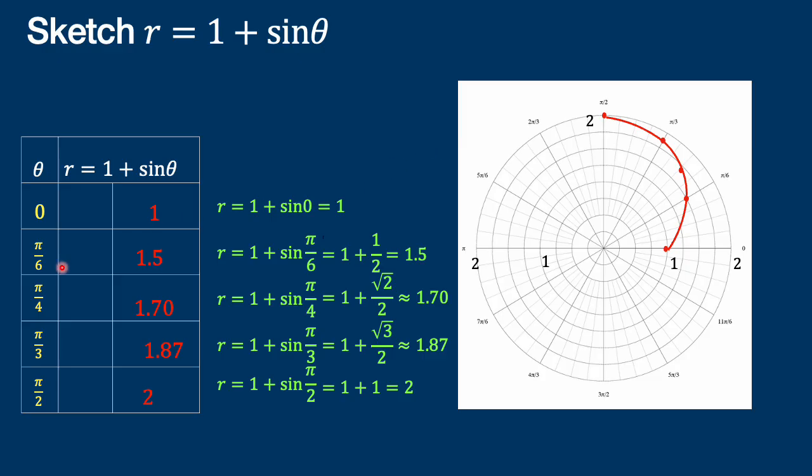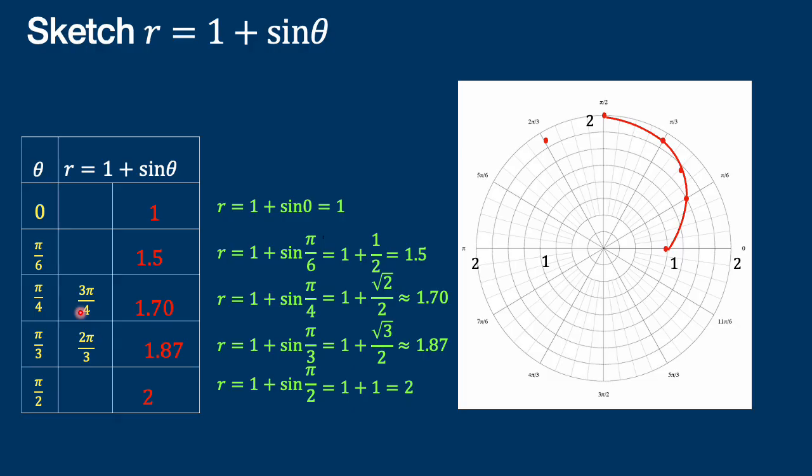Now the second quadrant. The sine value of 2 pi over 3 and of pi over 3 is exactly the same, so the r value is the same, 1.87. Symmetry over the y-axis, you plot here.